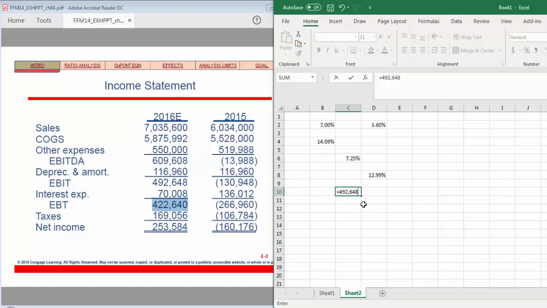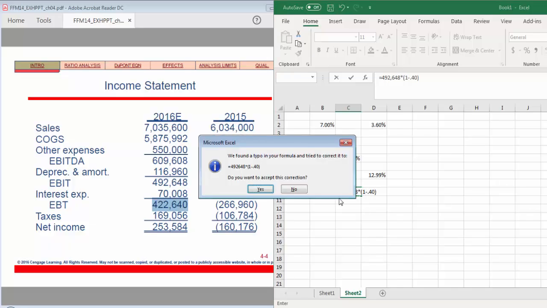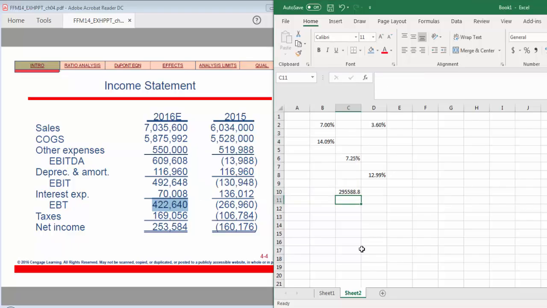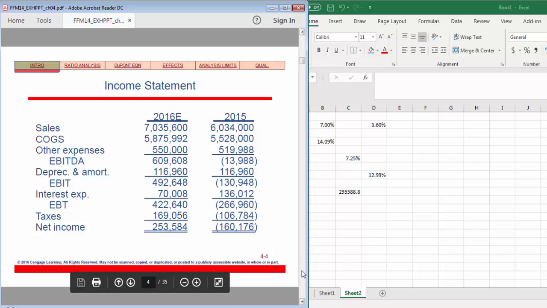492,648 multiplied with 1 minus, I'm going to assume 40% is the tax rate. Let's see if this is correct. Yeah, so that is how you get the number. I believe what they did was they gave you the answer on the PowerPoint, not letting you know how to calculate.